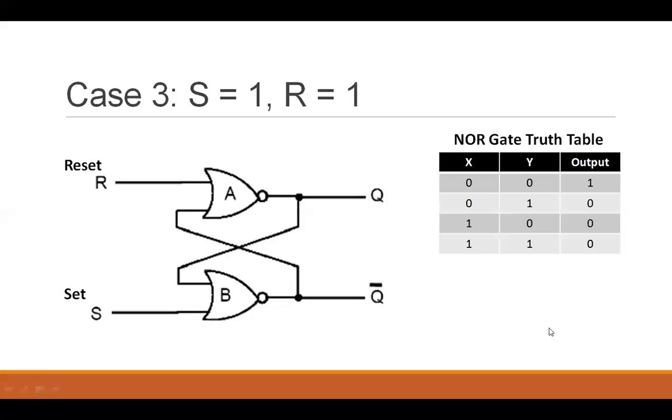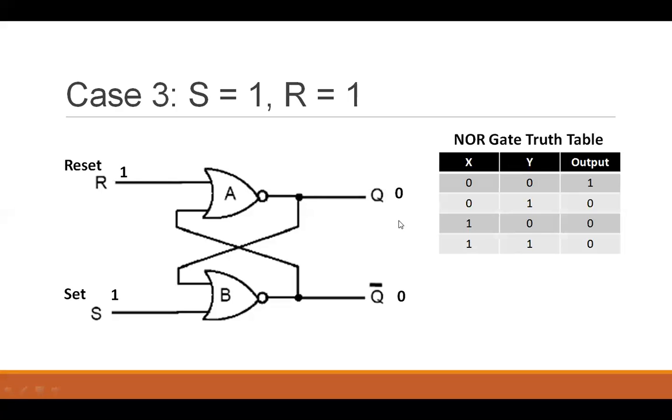But what would happen if we have both S and R set to 1? Now this is a bit confusing. Now I have 1 on both sides, so it doesn't matter which side I choose to start.